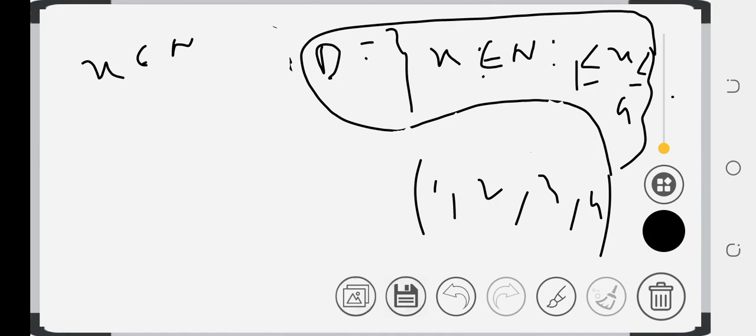The condition is always written on the right. These two dots represent that on the right side we have a condition. With this condition, from N we will take all those natural numbers which are greater than or equal to 1. So 1 will also come because there is equality. x is a natural number, greater than or equal to 1.